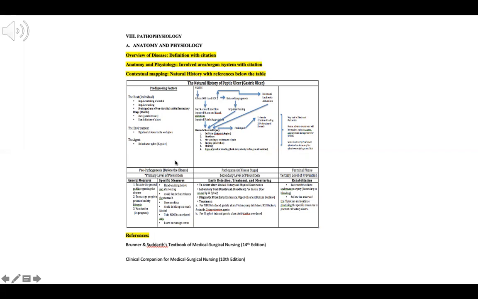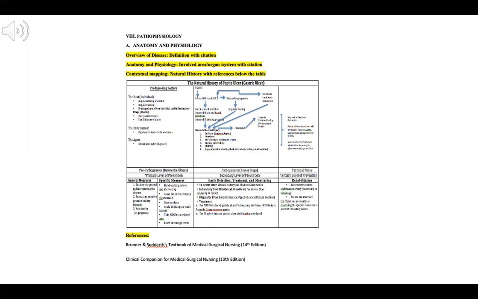And then the third part of the pathophysiology is the contextual mapping, which is best represented in doing the natural history of disease. So as you can see on your screen, the diagram for the natural history of disease is shared with you.